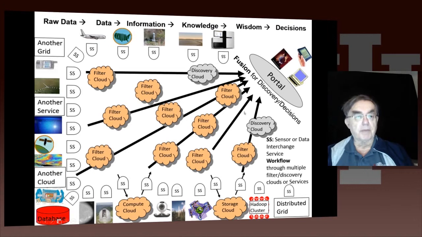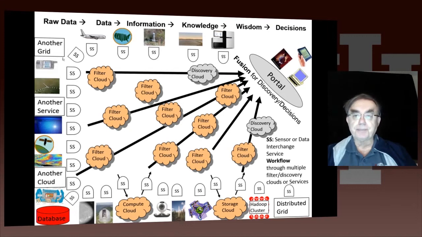This is a diagram I've often used, and it illustrates quite a lot of things. As I'll point out later on, it illustrates data fusion. Around the top, the left, and the bottom, we have typically sensors, or maybe other so-called services. A service is anything which receives messages and spits out messages, anything electronic.